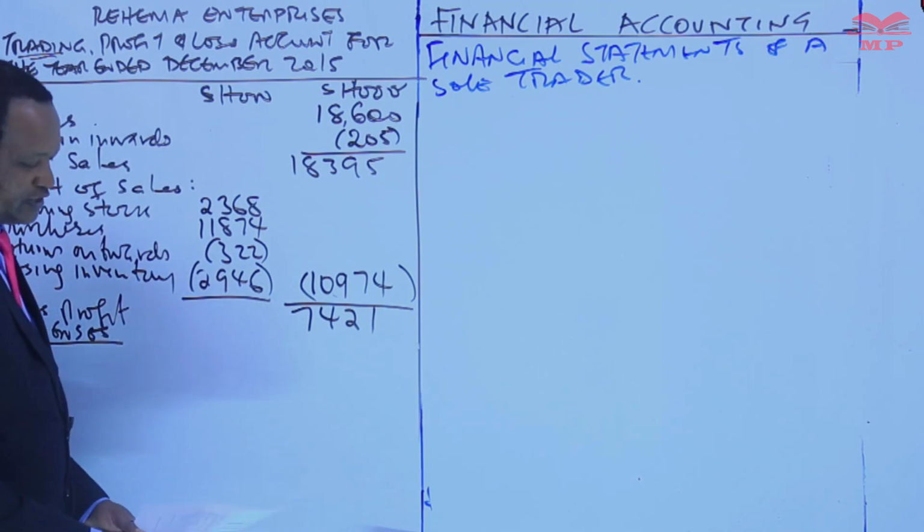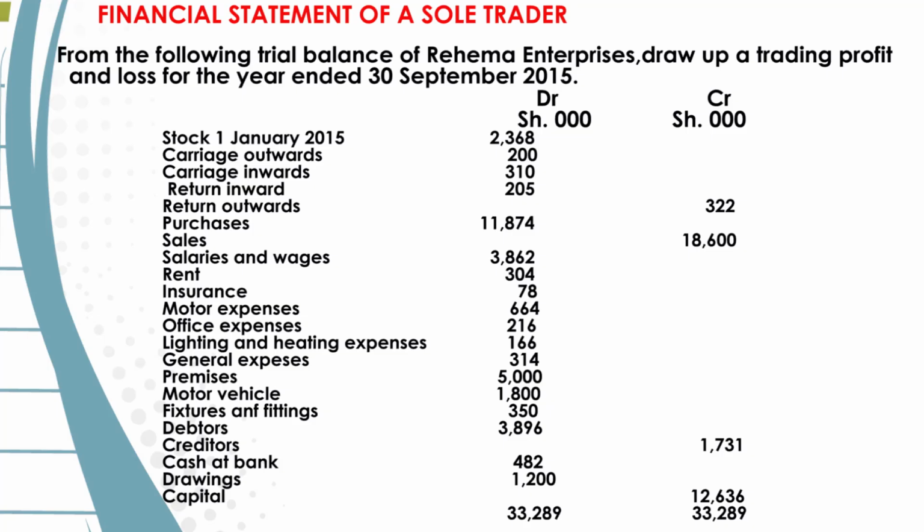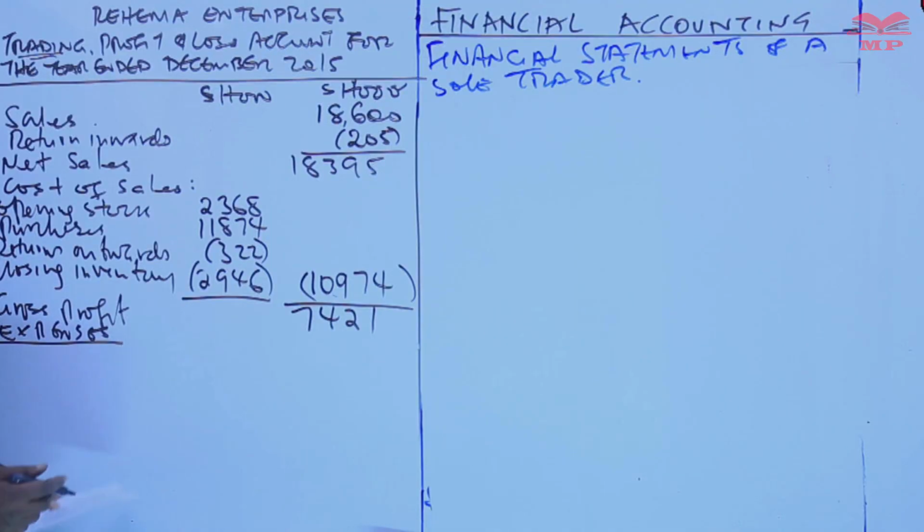All expenses will always appear on the debit side of the trial balance. And looking at this trial balance, we have carriage outwards. Carriage outwards, that is just transportation costs. That is an expense.